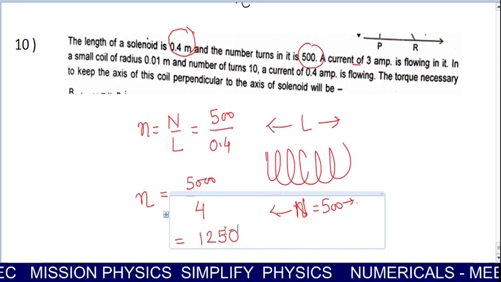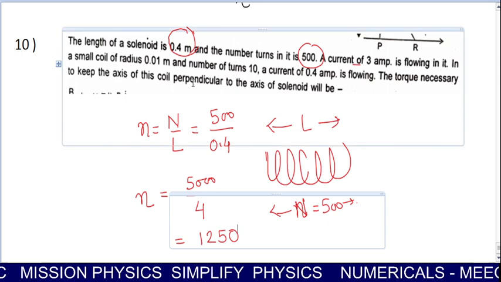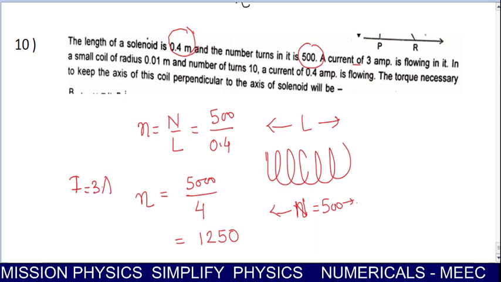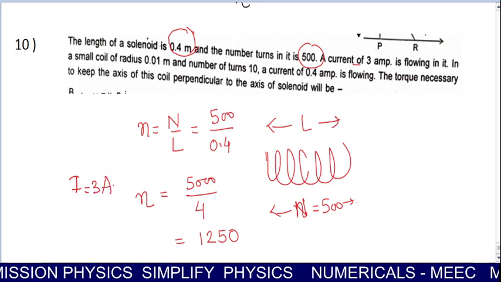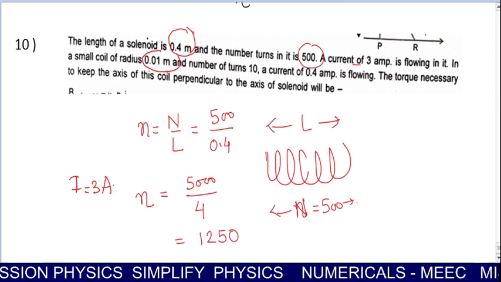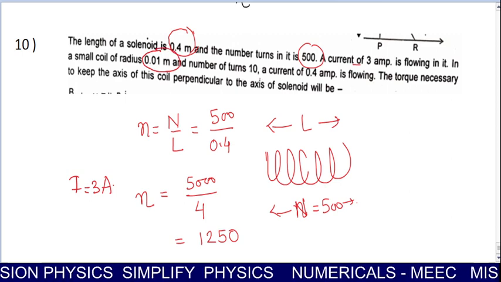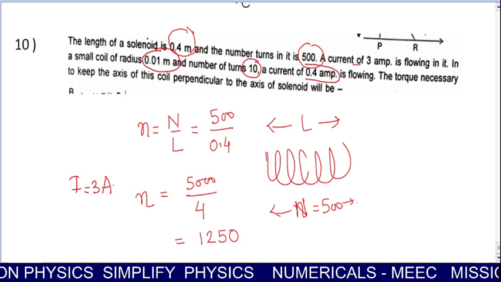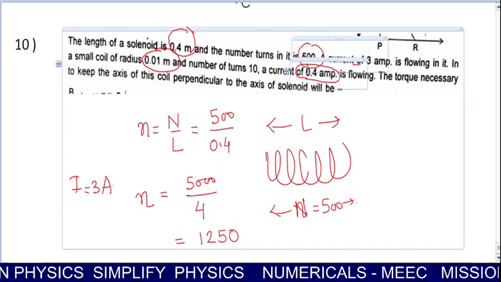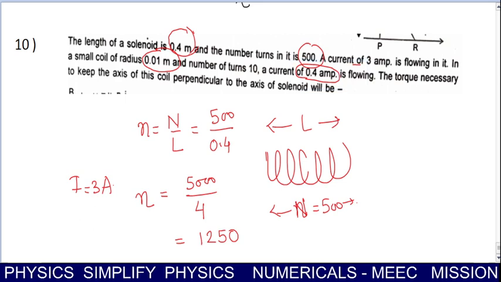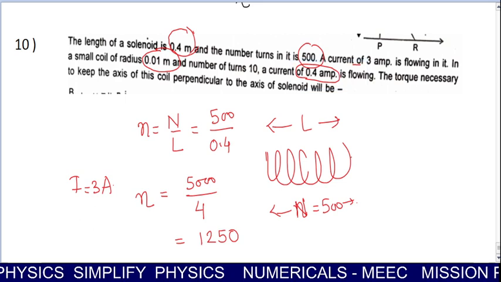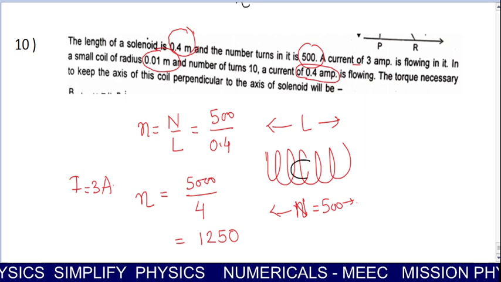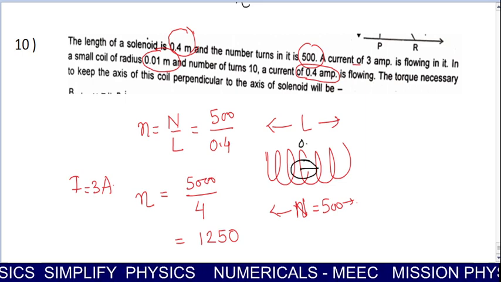Okay. Now the next one: the current of 3 ampere is flowing. So I is 3 ampere in a solenoid, and a small coil of radius 0.01 meter and number of turns 10 is placed. A current of 0.4 ampere is flowing. So we can check the diagram. In between, we have placed a coil of radius 0.01 meter.